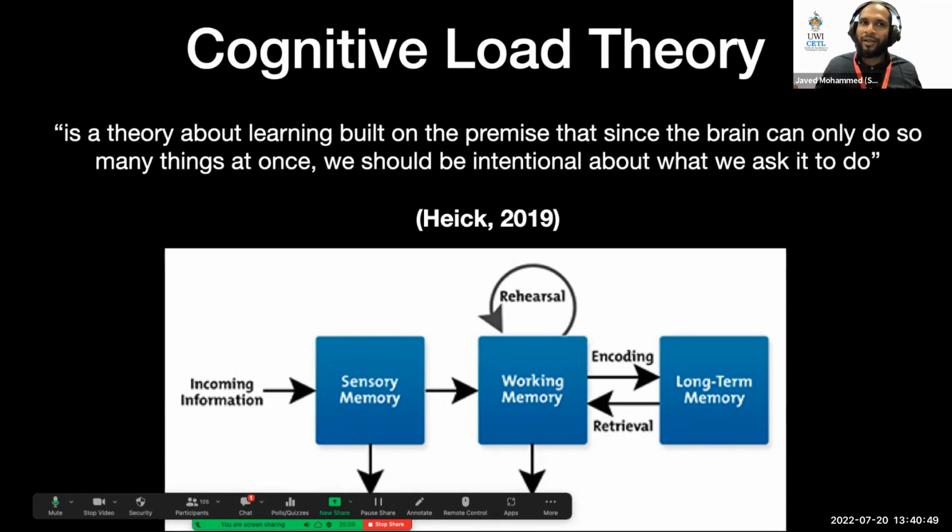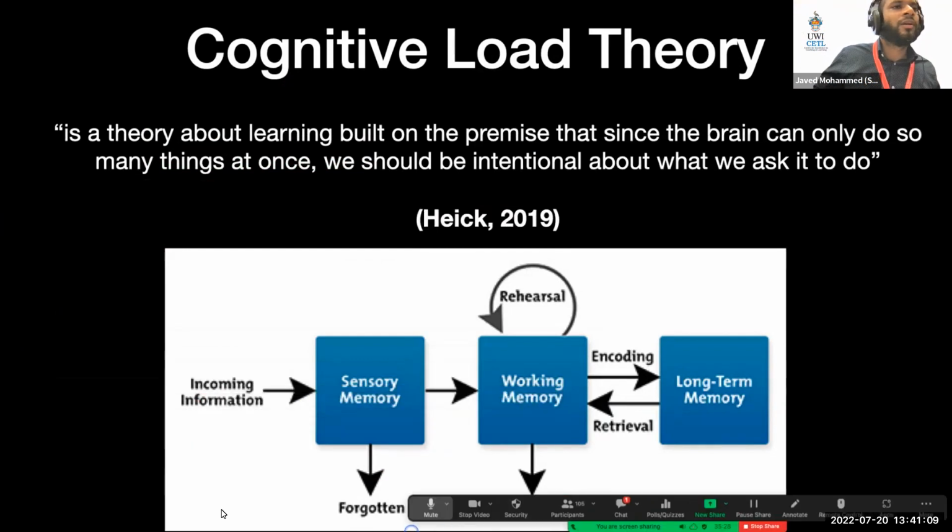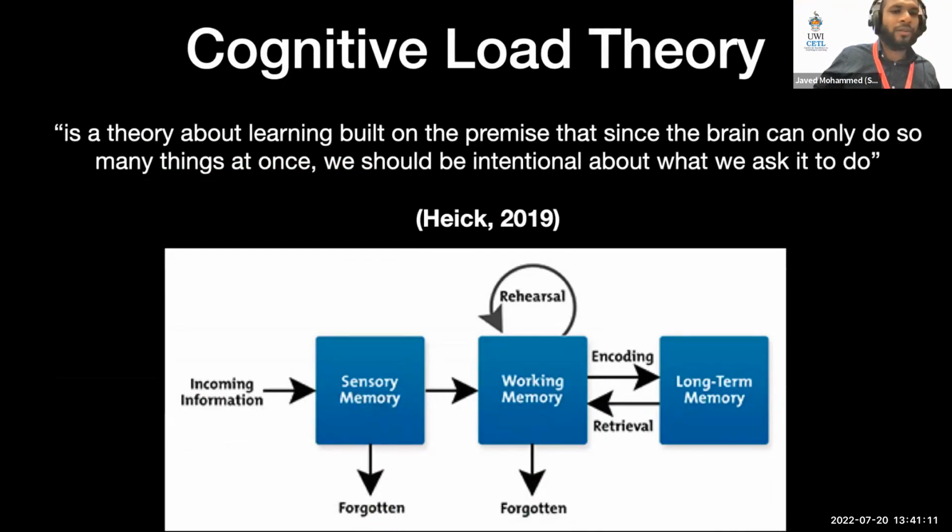So I don't want to make this too technical, but what happens when the working memory becomes overloaded or overwhelmed with information is that, if you look at the arrow to the bottom there, I'm seeing my thing blocking you. I'm sorry about that. I don't know why this is happening. All right, sorry about that. You would notice that when that working memory space is overloaded and filled with too much information, that information is then lost, forgotten, deleted.